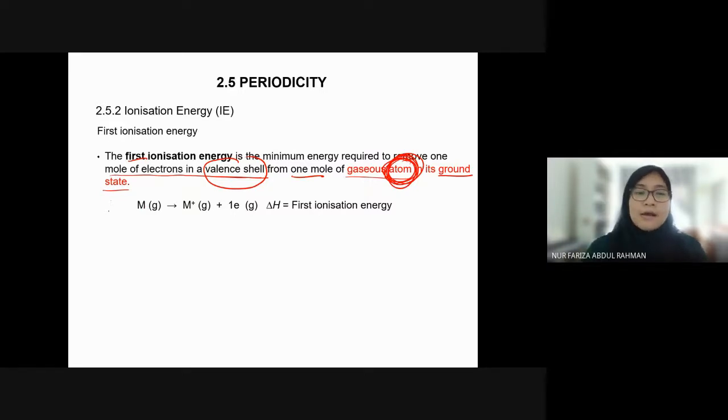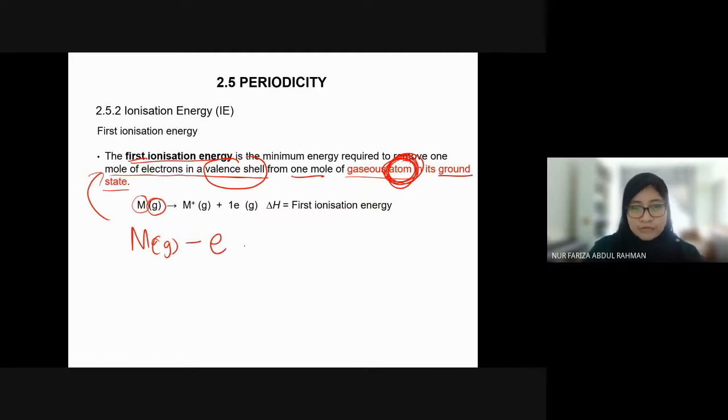Alright, so make sure that all the infos should be there in order for you to be awarded with one mark. Alright, so how do we write the chemical equation to represent the first ionization energy? Okay, so based on the definition that we have just now, the electron should be removed from the atom. So this is the atom and it should be in gaseous state. Sebenarnya dia macam ni. M, gas kan? Dalam keadaan gas, buang satu elektron. Betul tak?